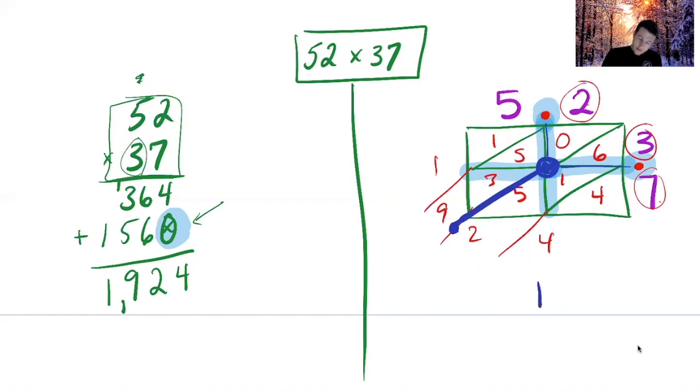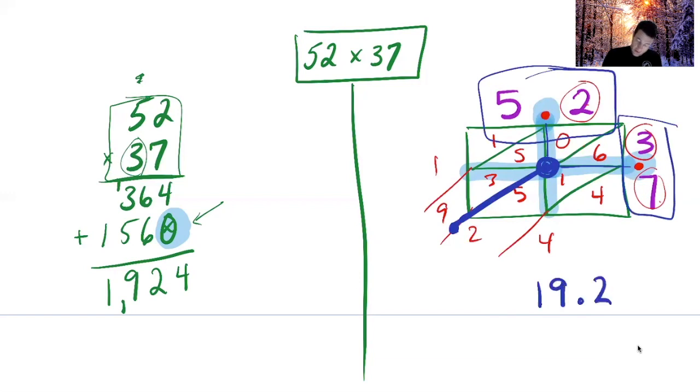So if this was 5 and 2/10 times 3 and 7/10, the answer would be 19 and 24 hundredths. So that's how you do it with decimals. You always got to put them on a horizontal or vertical line. All right. And that right there is lattice and, once again, traditional multiplication.